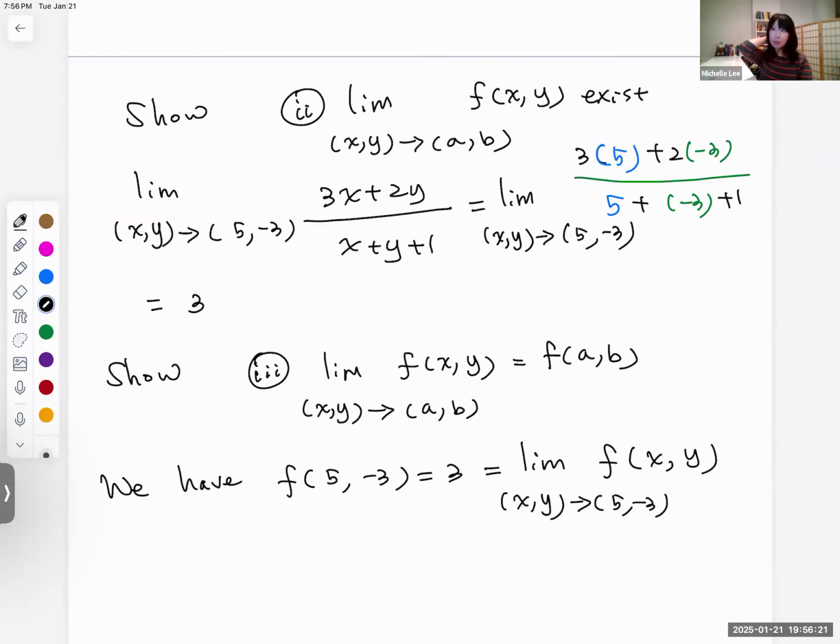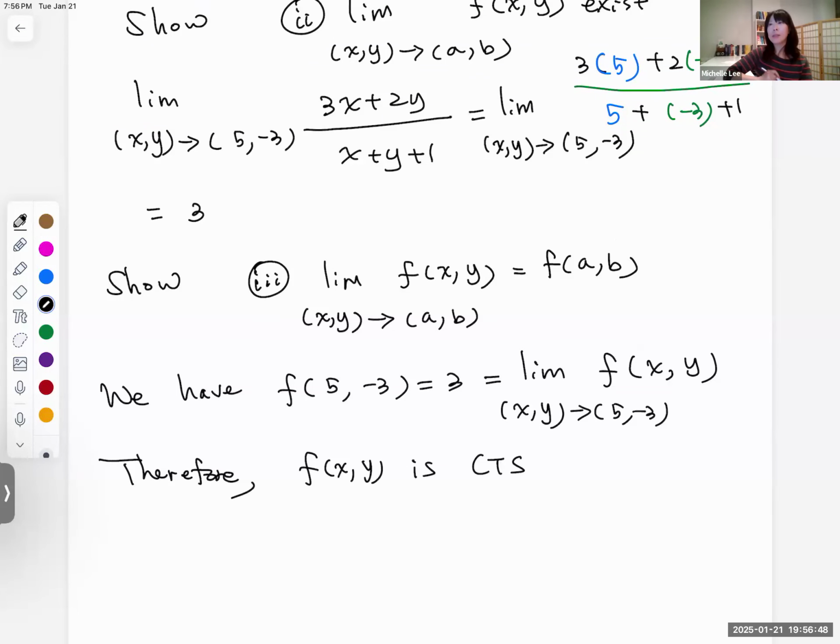Yeah, they are the same. Thus, therefore, by continuity, f is continuous. Let me denote continuous this way, CTS: continuous at the point (5, -3).